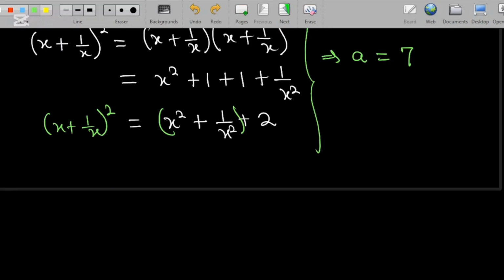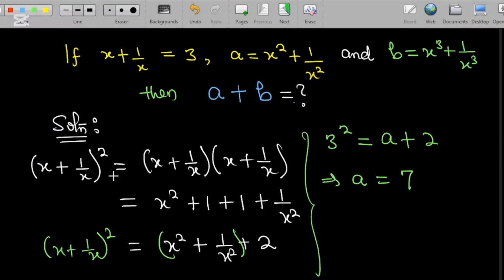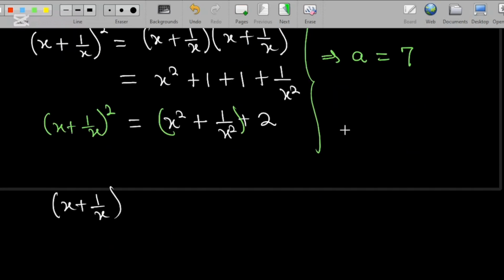What do we do next? So now the next thing that you can configure here is that if you pick this same x plus 1 over x, now remember our intention is to see how we can bring this into our equation to be able to get the value of B, so that we can now get A plus B. All right, so remember that B is x cubed plus 1 over x cubed.